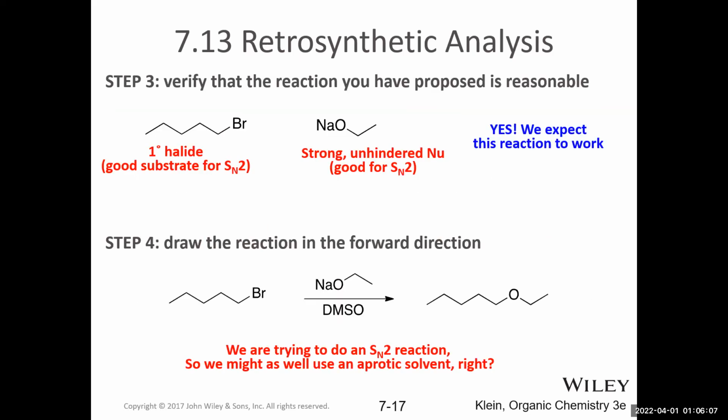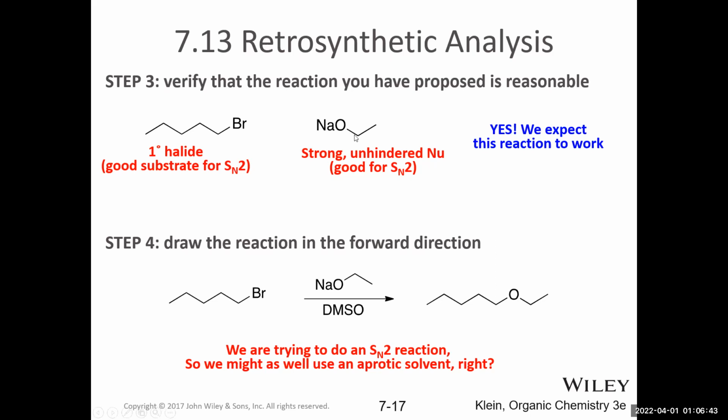So the last step is to verify that the reaction you have proposed is reasonable. If we're targeting an SN2 reaction, we know that we need an unhindered alkyl halide with a good leaving group. Primary alkyl halides work great in SN2 reactions. Also, we know we need a strong, ideally unhindered nucleophile. Unhindered because, remember, steric hindrance can make the reaction slower.